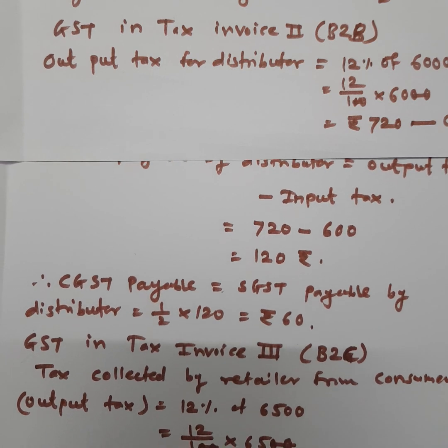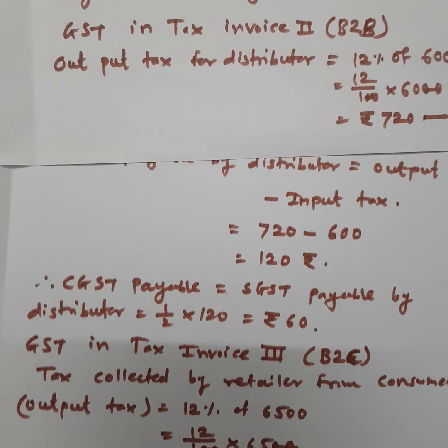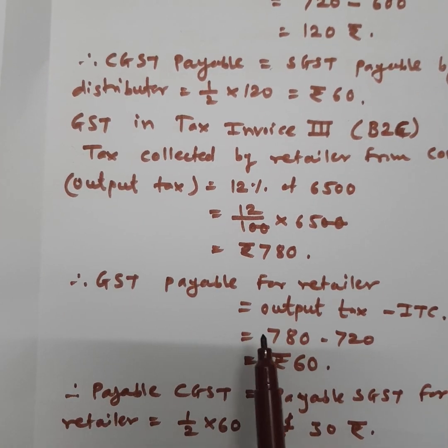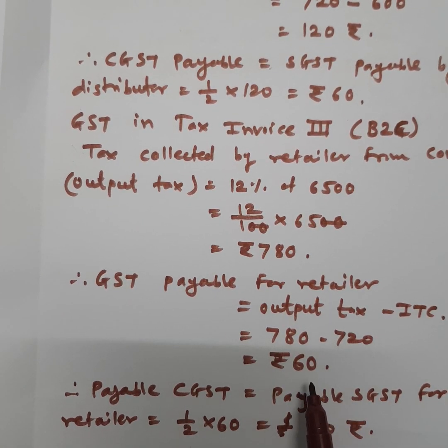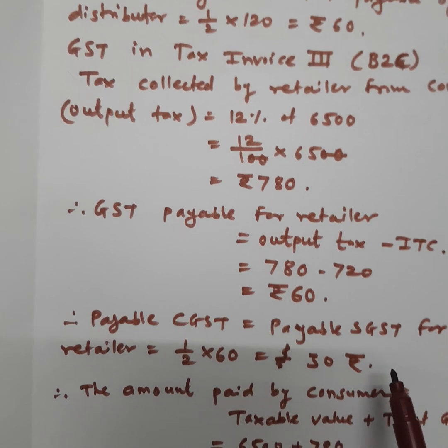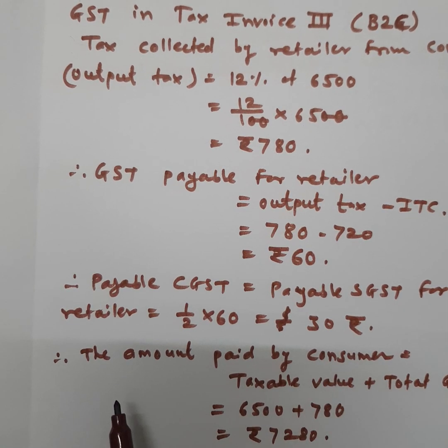Then for retailer, total GST amount is 780 rupees, GST payable is 60 rupees. Therefore, for retailer, the payable CGST and payable SGST is 30 rupees.